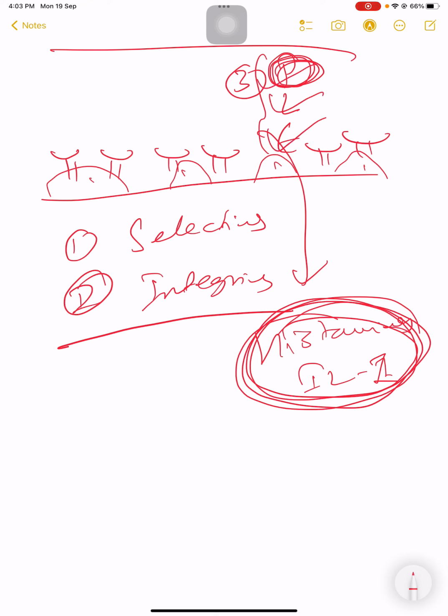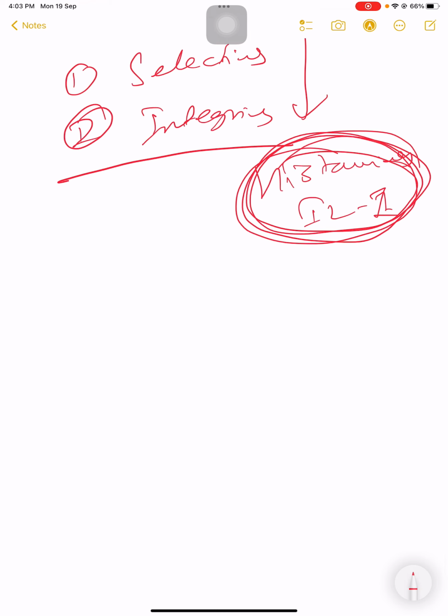P-selectins are present in your platelets. E-selectins are present in your endothelial cells, and L-selectins are basically present in your leukocytes. Now, remember that they will be attaching towards this endothelial cell. You have a beautiful diagram in Robbins, you can refer to that also.